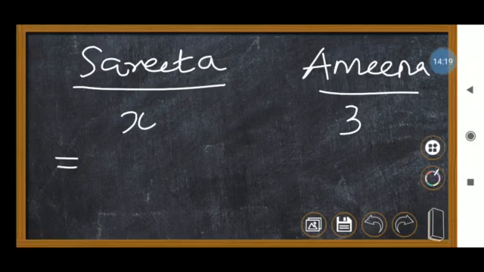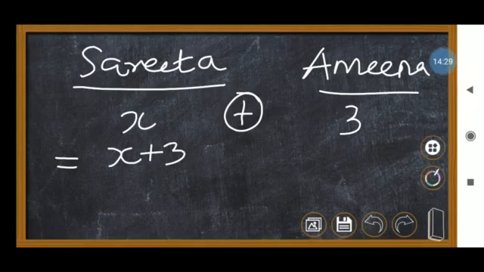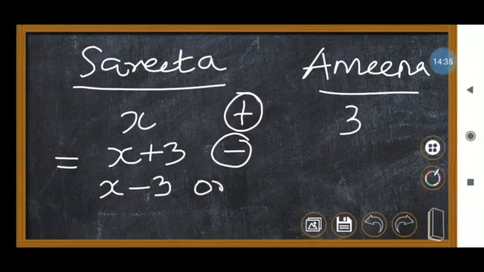First, we have X and 3. In between we can use the plus symbol, so X plus 3. Next we can use minus, so X minus 3 and 3 minus X also. X minus 3 and 3 minus X are different.